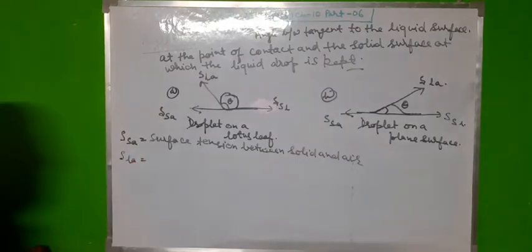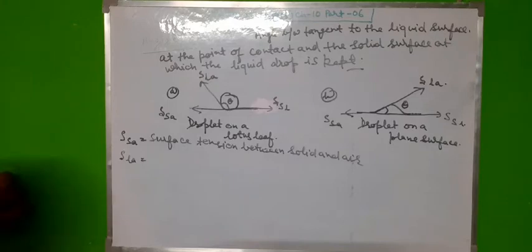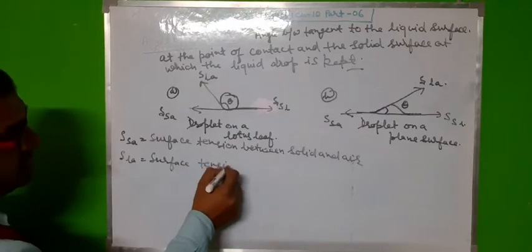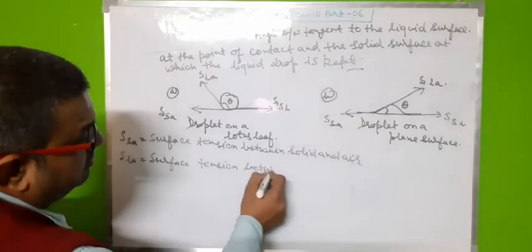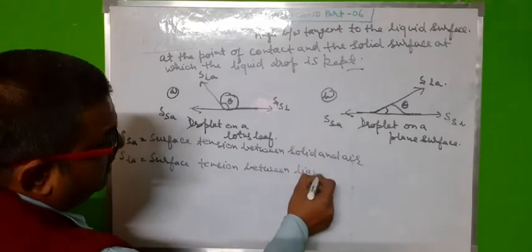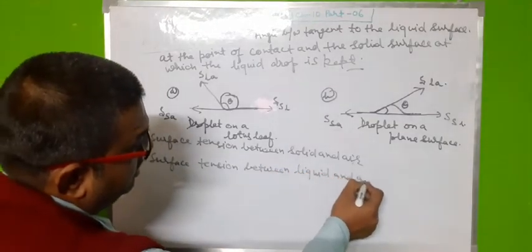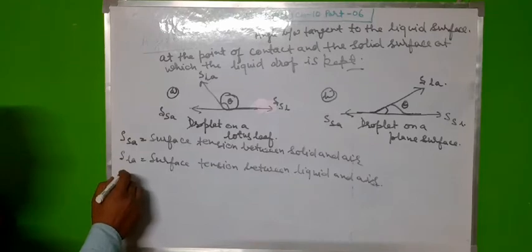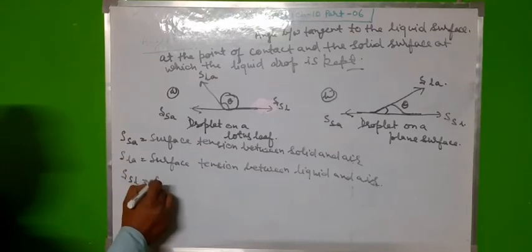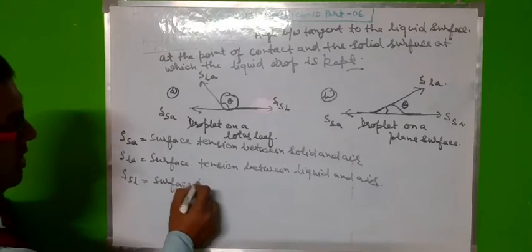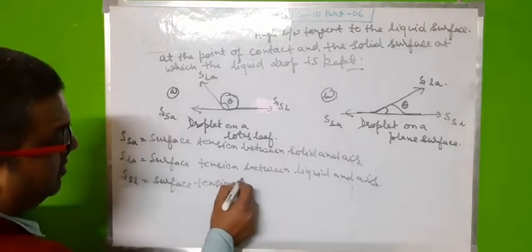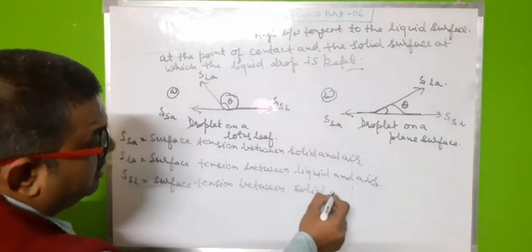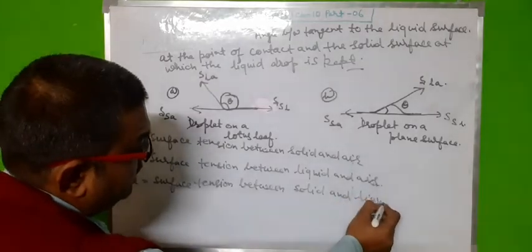SLA is the surface tension between liquid and air, and the other is SSL, that is, the surface tension between solid and liquid.